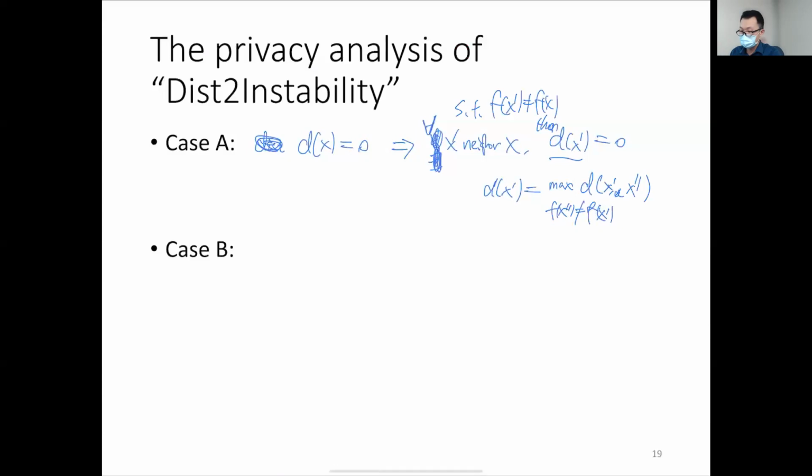And this is clear because when we do this, I can choose x double prime to be x, and then the number of jumps will be 1. But wait, that's not how distance to instability is defined.